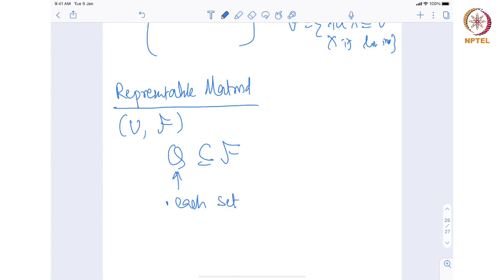Each set A in Q has size p, and A is independent.